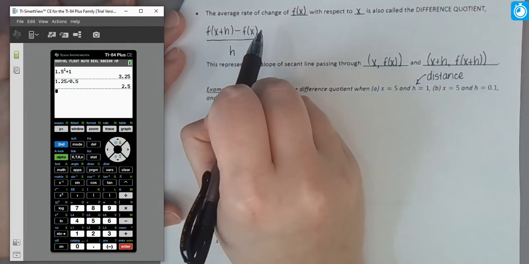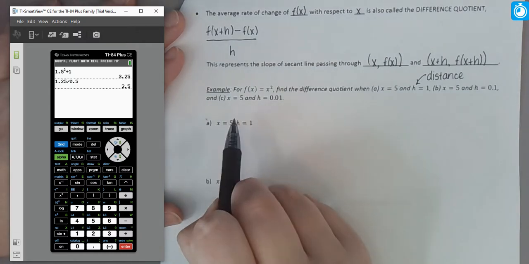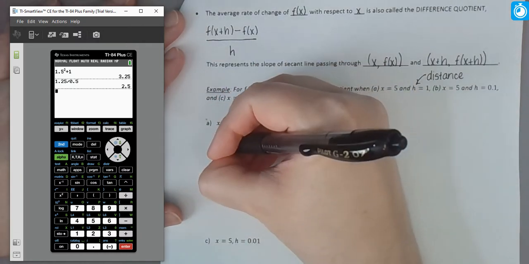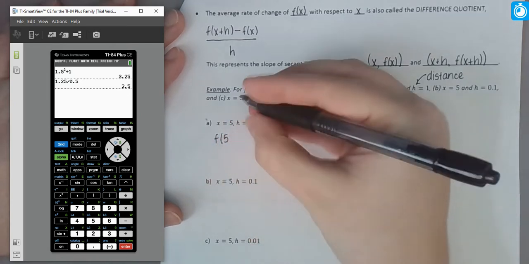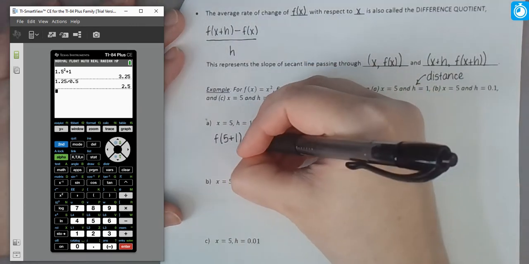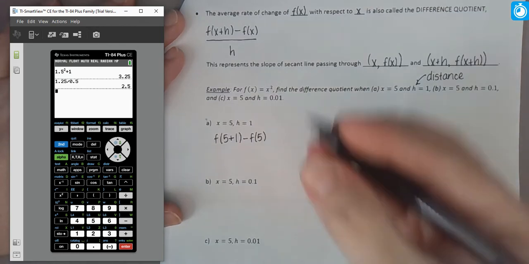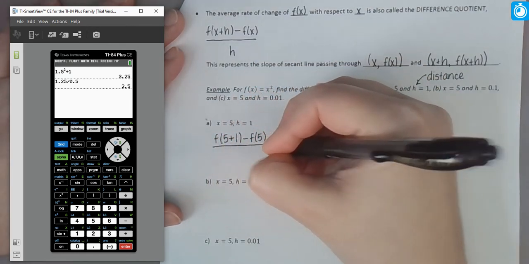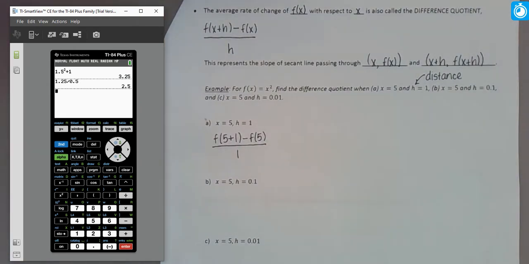So f of x plus h minus f of x divided by h. So here, when x is 5 and h is 1, that's going to be f of x, which is 5, plus h, which is 1, minus f of x, which in this case is going to be f of 5, divided by our value h, which is 1.